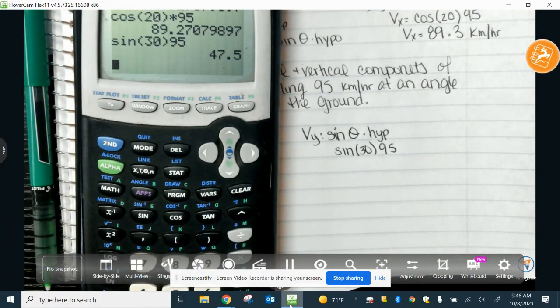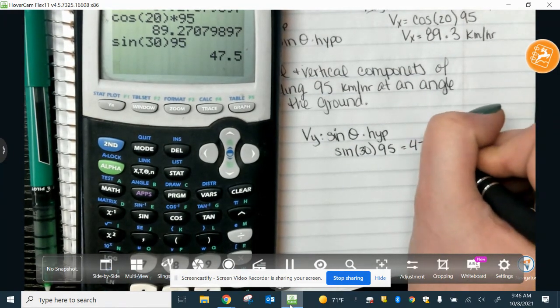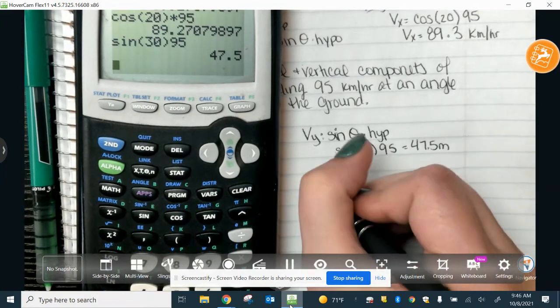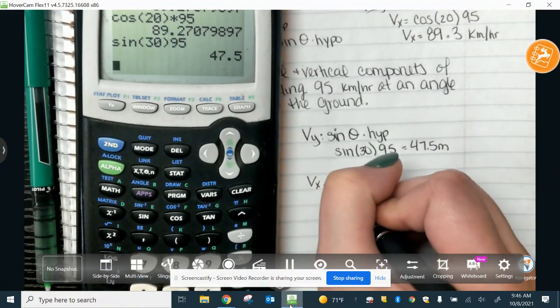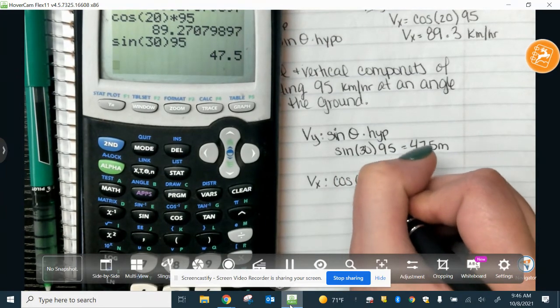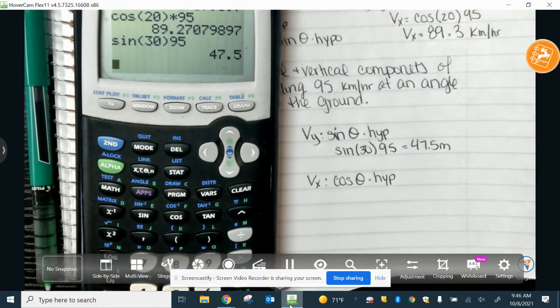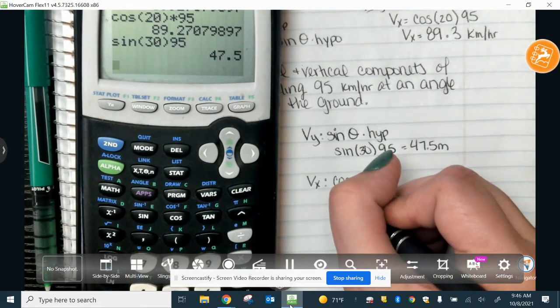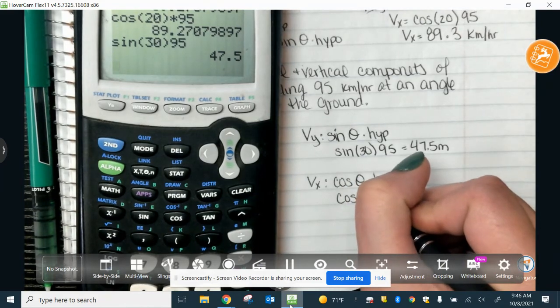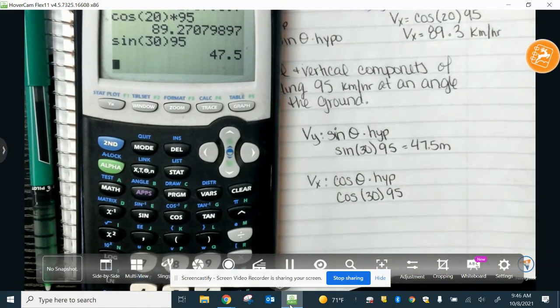That would be 47.5. And my x must be cosine of theta times that resultant, or the hypotenuse, which would be cosine of 30 times 95.